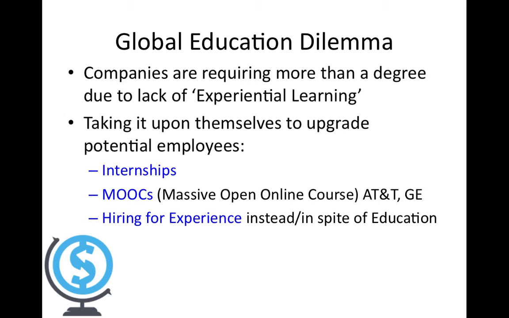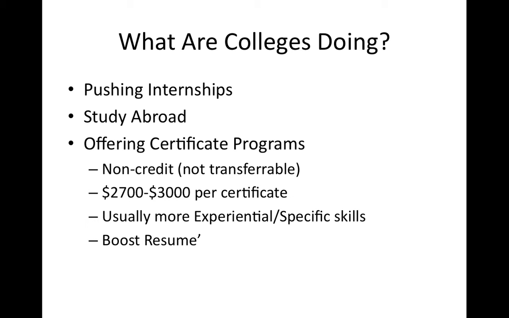Many companies like AT&T and GE and others are doing that because they want to make sure that their employees have the correct learning and the correct experience. And then finally, experience is becoming more and more important for employment. Instead of just a degree, they want you to have experience. That's the global dilemma.